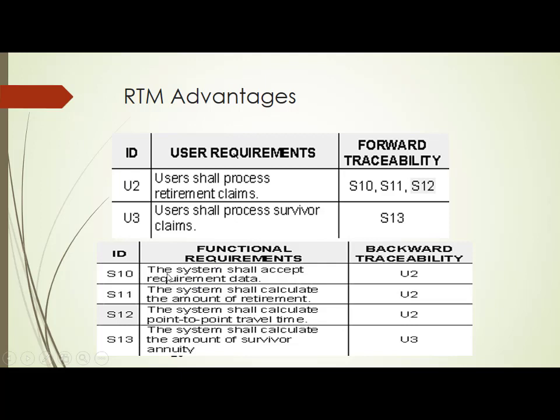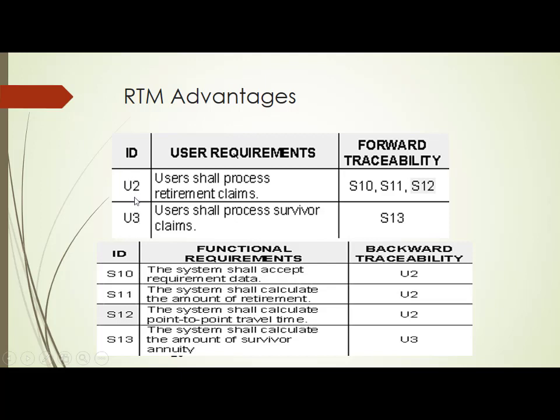The system shall accept requirement data. The system shall calculate the amount of retirement. The system shall calculate point-to-point travel time. The system shall calculate the amount of survivor annuity. These are all requirements. I think it is an insurance policy portal. These stakeholders have said that your software should help them in doing all these things.